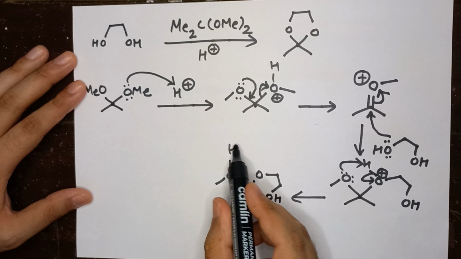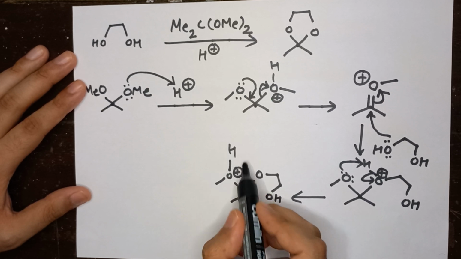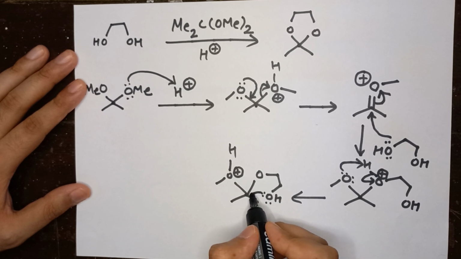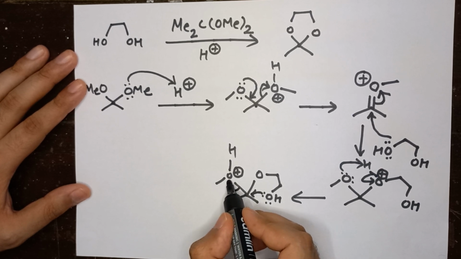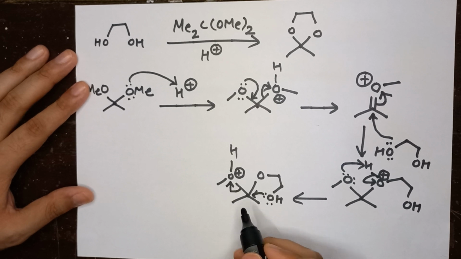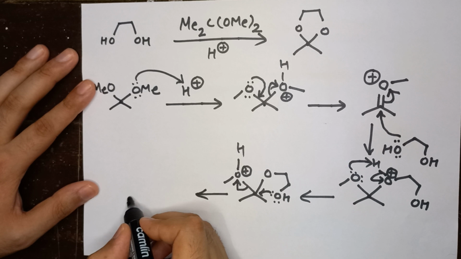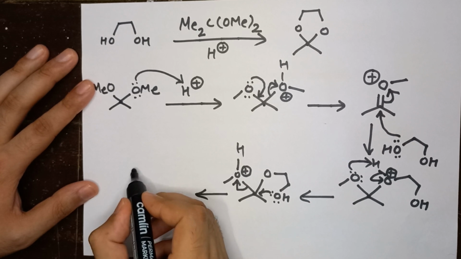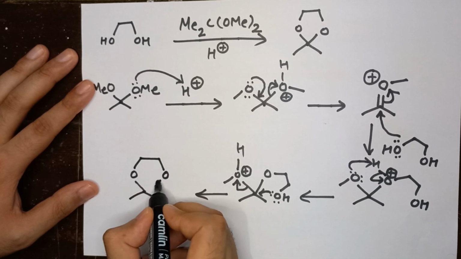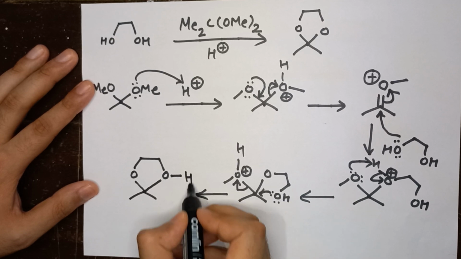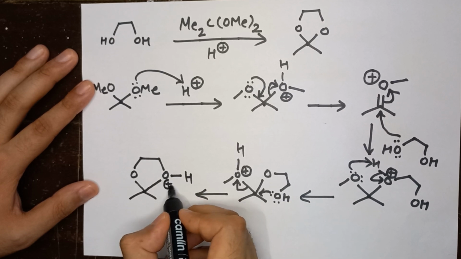So now this time this molecule has converted into positively charged species. So now after this oxygen lone pair will attack at this carbon, this can leave as a neutral group, that is methanol, and you have generated O CH2CH2O, and this oxygen is having one hydrogen. So this oxygen will have a positive charge.